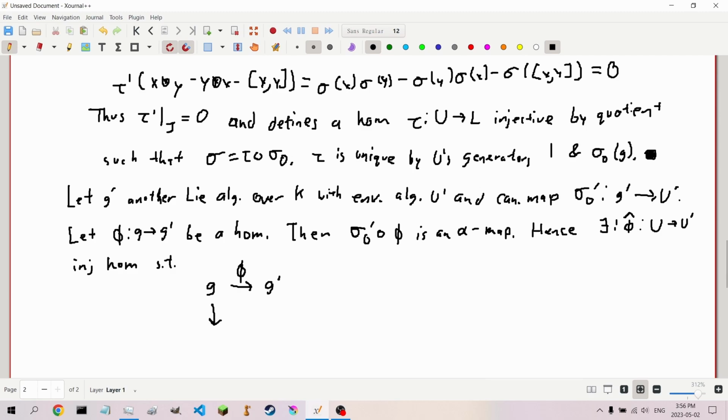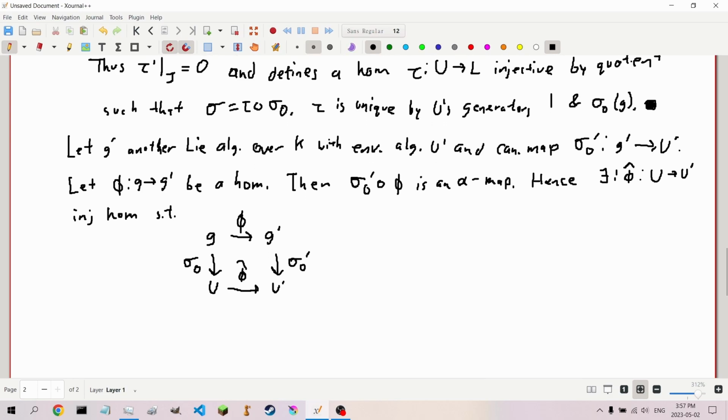This goes down to U as sigma 0, this goes down to U prime as sigma 0 prime, and this goes this way.